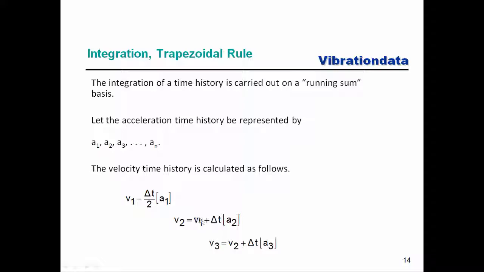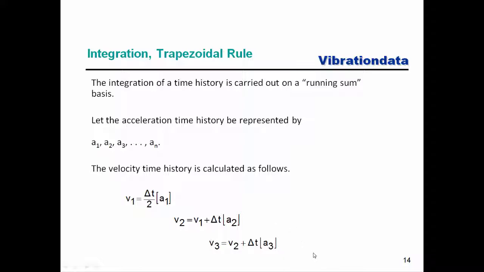So you can see here, this is a running sum. So the velocity at any point in time depends on the previous velocity, as well as this acceleration term here. And then for the third velocity, that's equal to the second velocity plus delta t, the time step, times the third acceleration point, and then so on and so forth.